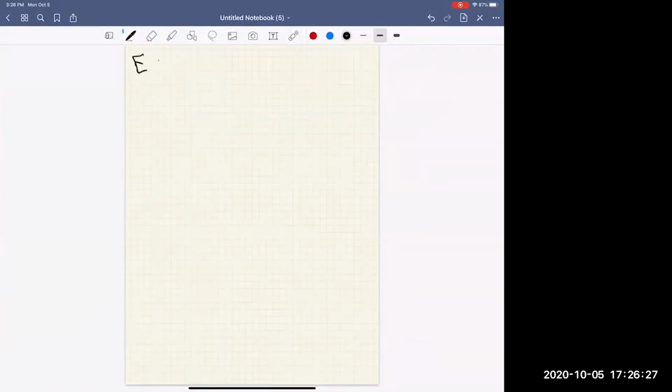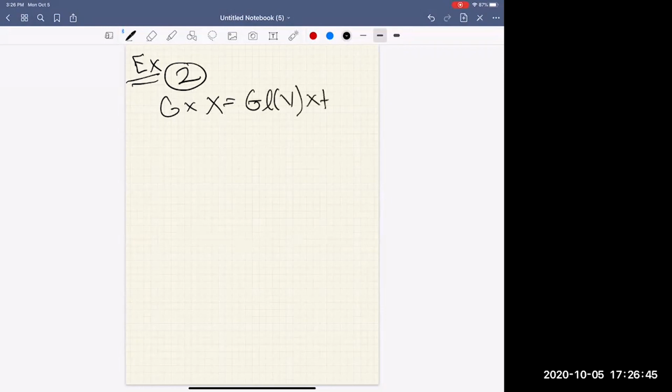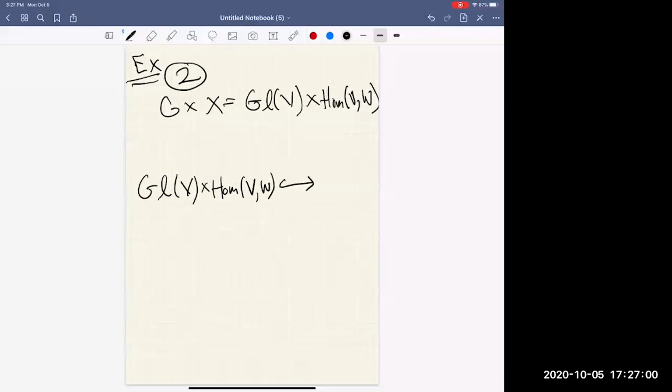So I'll start backwards with example 2. G cross X is GLV cross HOM VW. I'm going to compactify GLV. So I'm just going to take NV cross VW.